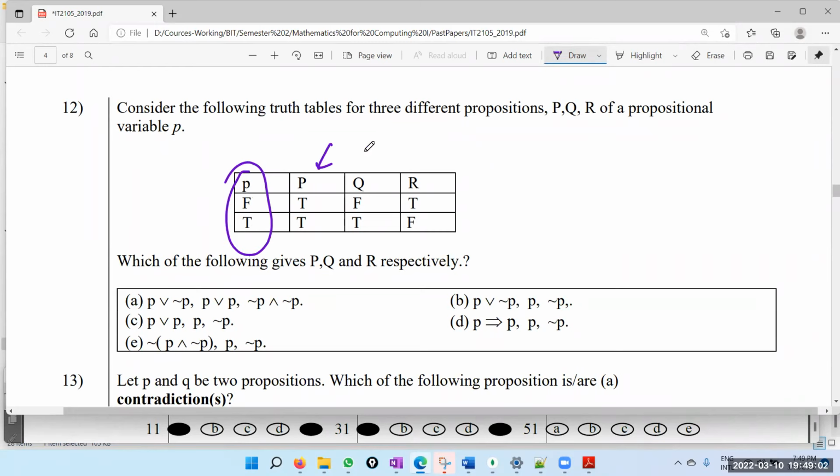Then you have capital P, capital Q, and capital R, three different propositions. Which of the following gives capital P, capital Q, and capital R respectively?